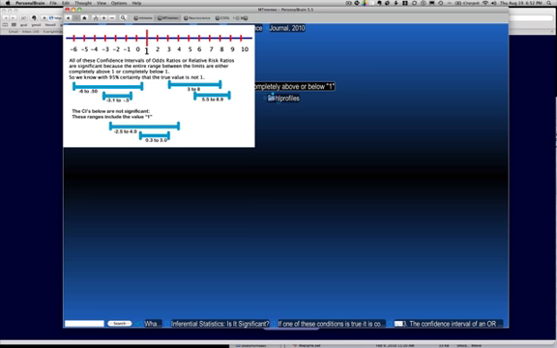The range from -2.5 up to 4.0 covers negative to positive numbers, which means it's going to cross the value of 0, and it also crosses the value of 1 in this case. So that would not be significant. The next one down, 0.3 to 3.0, also includes all positive values, but one end is below the value of 1 and the other is above the value of 1. So we know that that one also is not significant.